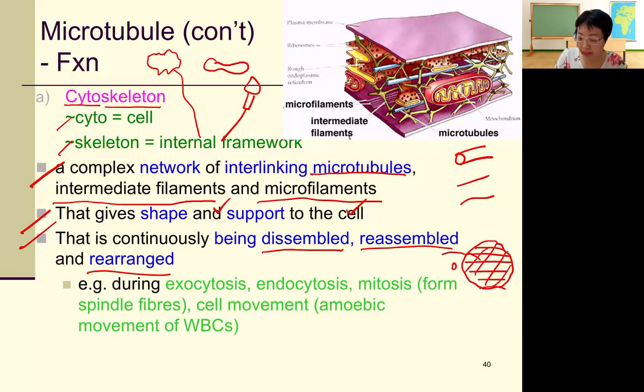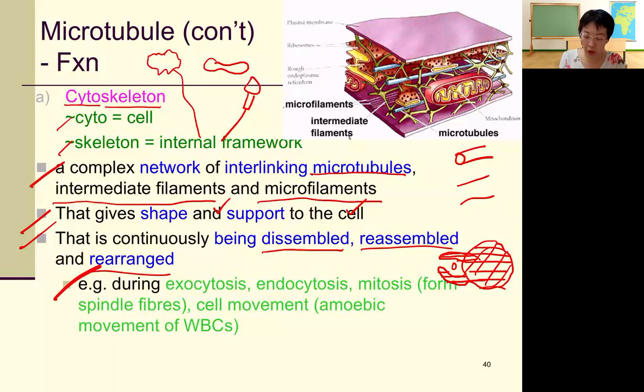But it wants to extend the cytoplasm out to engulf this bacterium. Then you have to push the cytoplasm out using the microtubules, as well as the intermediate filaments and microfilaments. Therefore, these microtubules are consistently being disassembled, reassembled and rearranged in order for the cell to consistently change shape to carry out its function or to move around.